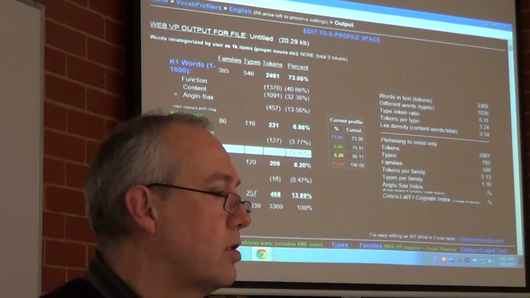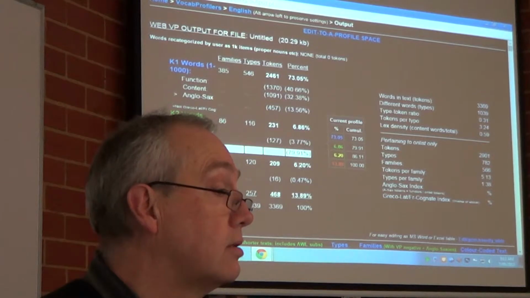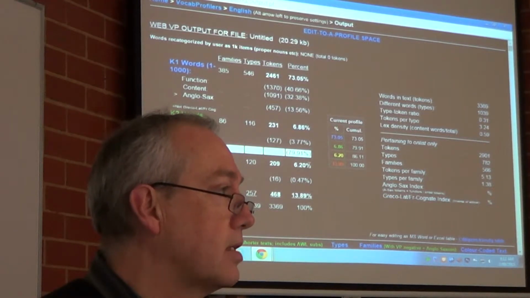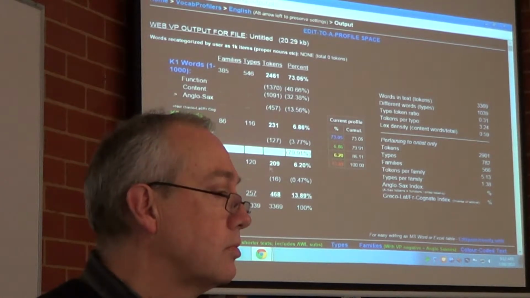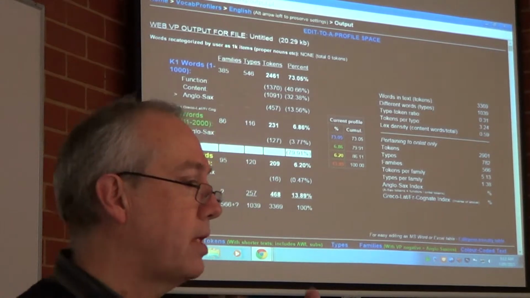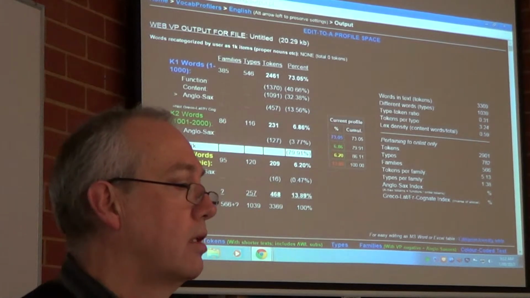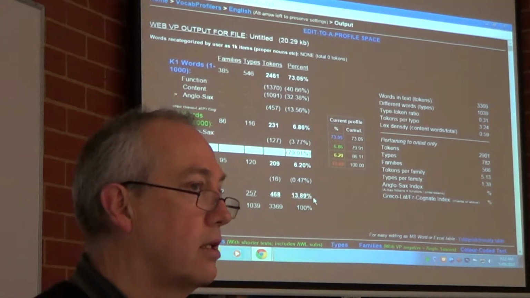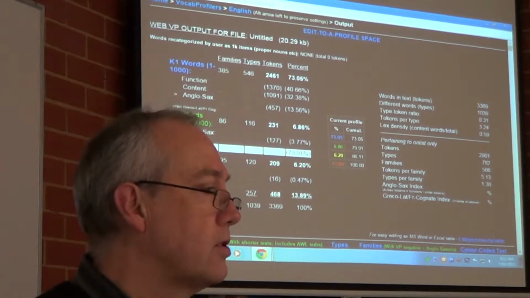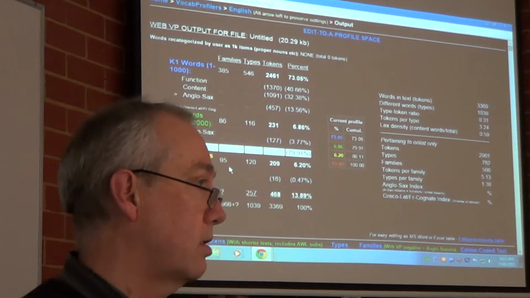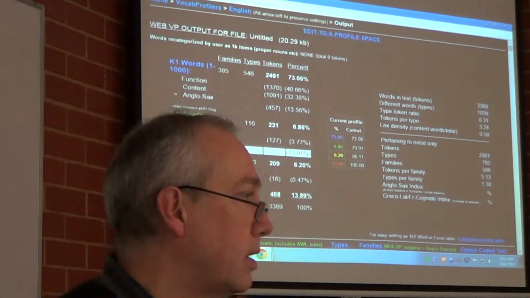Academic word list is interesting, only 6. Kind of lowish, because I've said before an academic text is usually about 8 to 10. That's usually the range. However, the words that are beyond that is pretty high, 13.89. So there are a lot of words here that are not in the first 2,000 and not academic word list, so it's got quite high vocabulary.